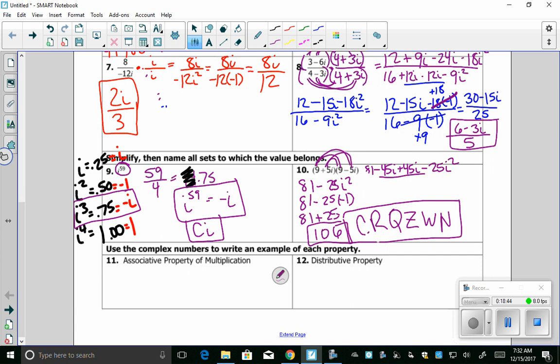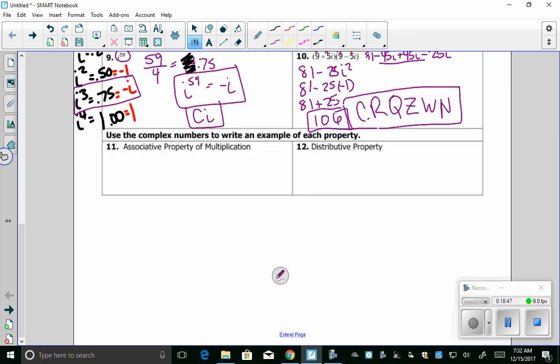Use the complex numbers to write an example of each of the properties. Remember, the associative property says that I can change the order in which I multiply and still get the same answer.